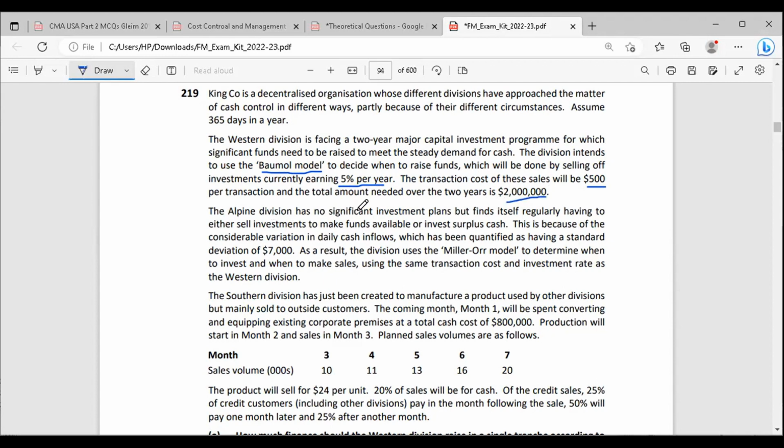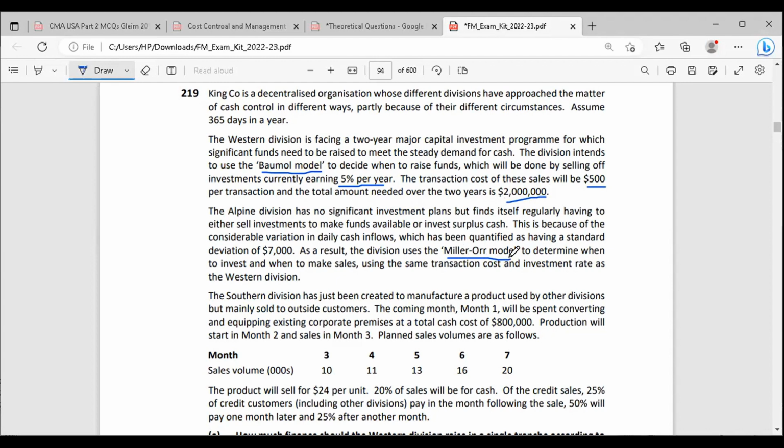The Alpine division has no significant investment plans but finds itself regularly having to either sell investments to make funds available or invest surplus cash. So that would be according to the Miller-Orr model. If it touches the minimum level, they would not allow the cash balances to go any lower.